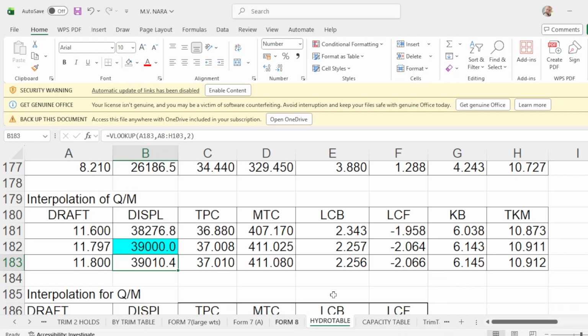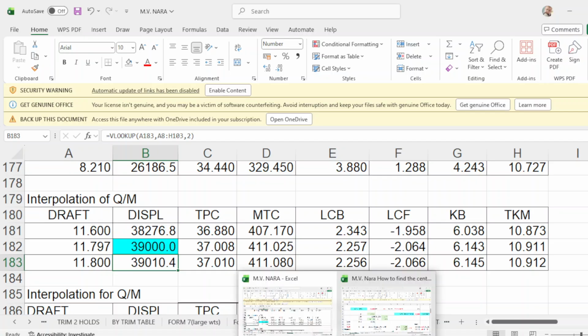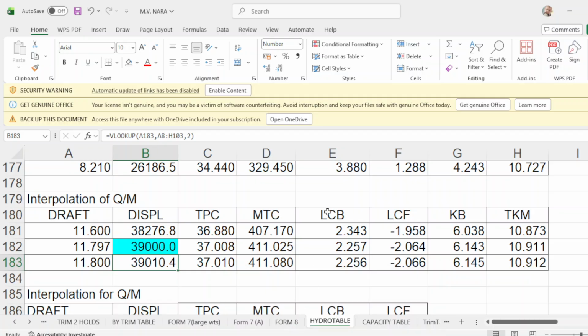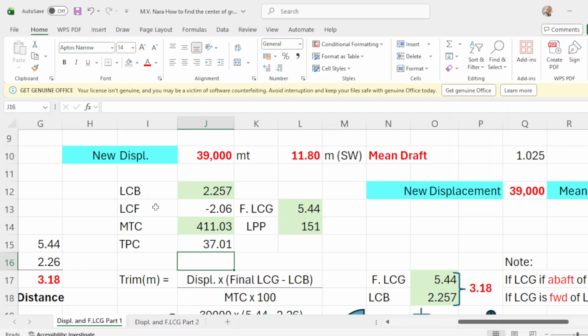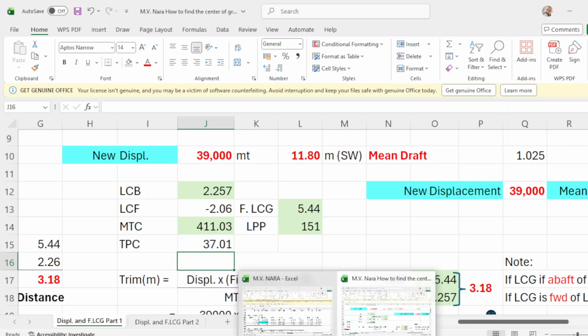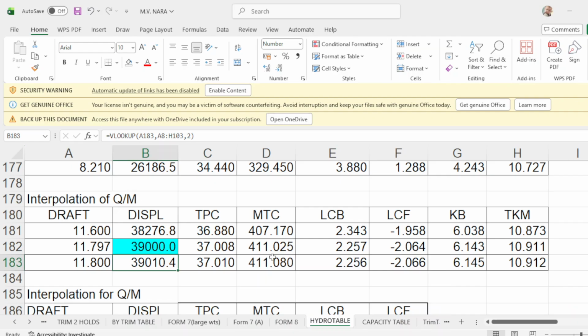And your LCB is negative 2.57. Then your MTC is 411.03. I round it to 03.